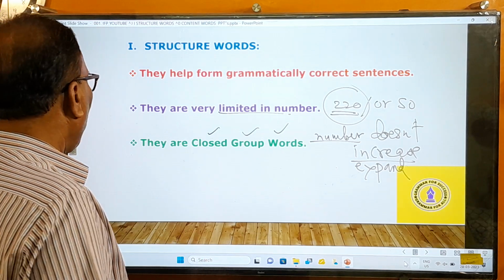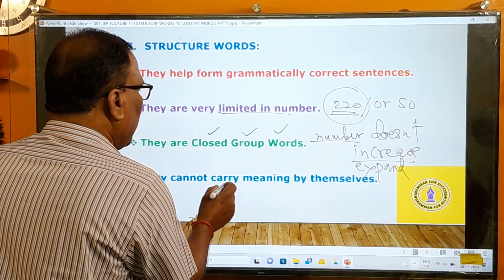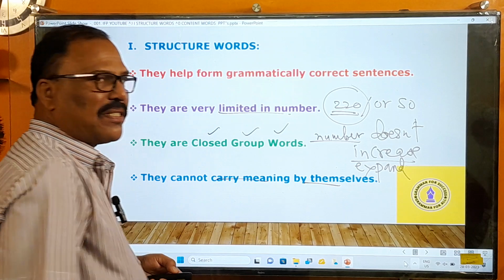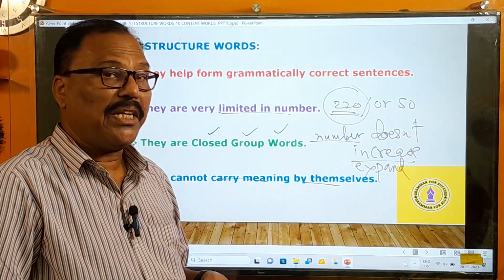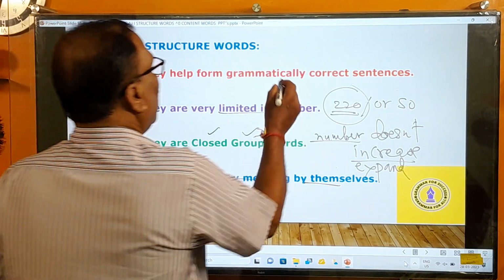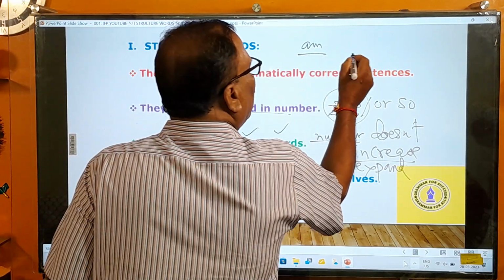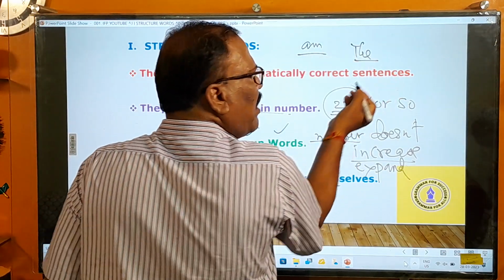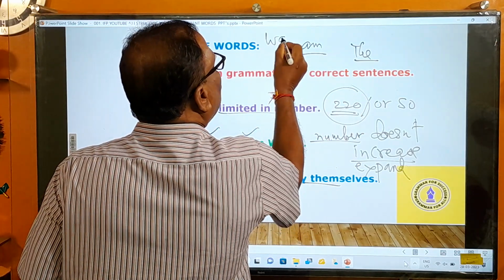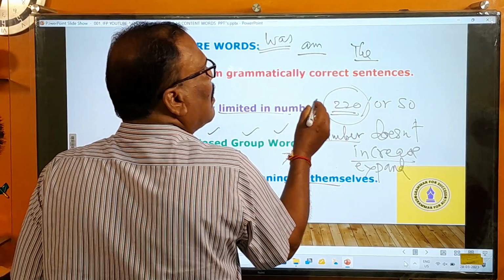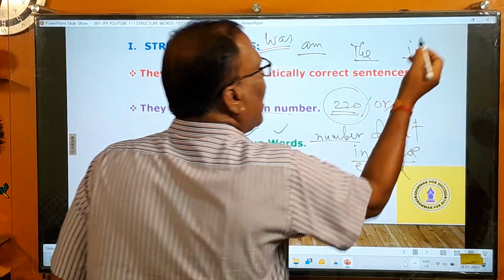And one more important thing I would like to tell you, they cannot carry meaning by themselves. For example, here am is there. Does it carry any meaning? No. For example, the is there. Does it carry any meaning? No. Was is there. Does it carry any meaning? No, like that. So in is there. Does it carry any meaning?